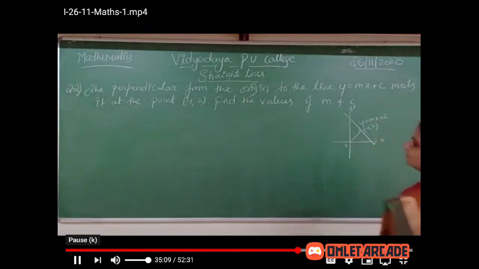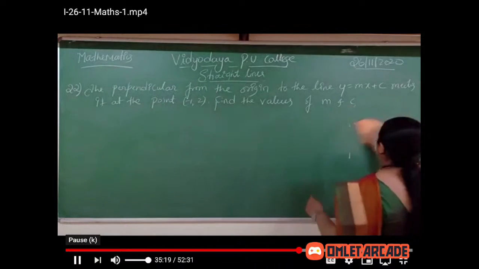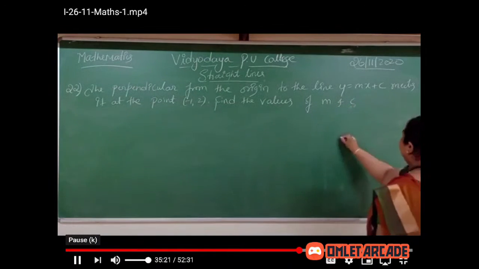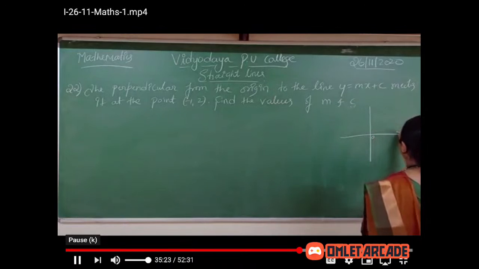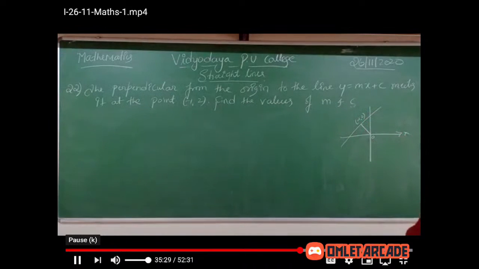Minus 1 comma 2. I know you will not get any negative in the first quadrant, but I am taking the points roughly, students. Don't get confused. Let me take the line in this way. Origin. The line meets at the point minus 1 comma 2. Find the values of m and c.